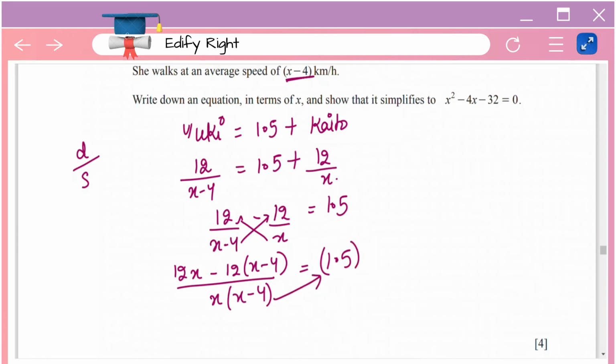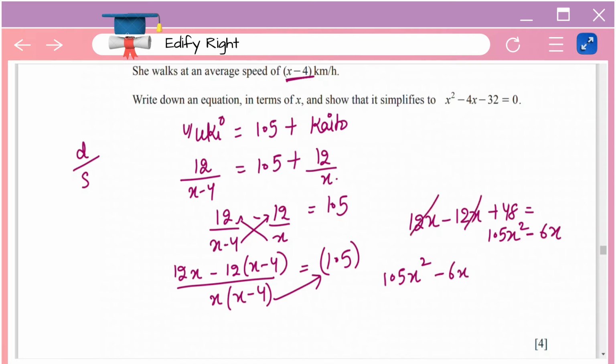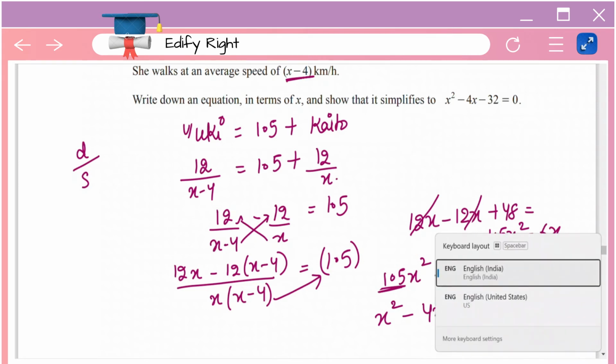So finally we get 12x minus 12x plus 48 is equal to 1.5x square minus 6x. This 12x and minus 12x get cancelled, so you're left with 1.5x square minus 6x minus 48 equal to 0. You can take 1.5 common in all of these terms, and when you do that you're left with x square minus 4x minus 32 equal to 0.